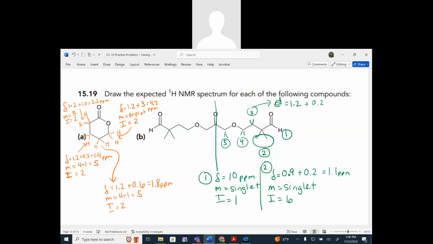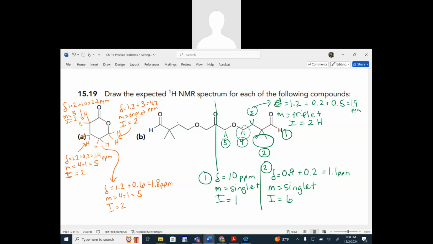So we're going to add 0.2 and the other oxygen by itself, we add that 0.5 because we divide 2.5 by 5, and we end up with a shift here around 1.9. Then our multiplicity here, we look at our neighbors. So we have 2 neighbors, right? So these 2 neighbors giving rise to signal 4. So we would have a triplet for our multiplicity, and then our integration shows 2 protons.